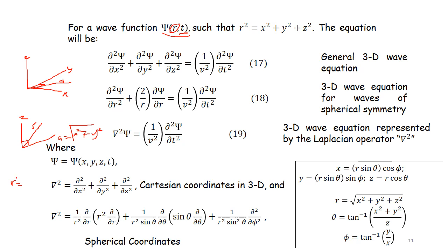Which will be r squared, which will be a squared plus z squared. And when you do that, you obtain this expression. Okay, that's three dimension.